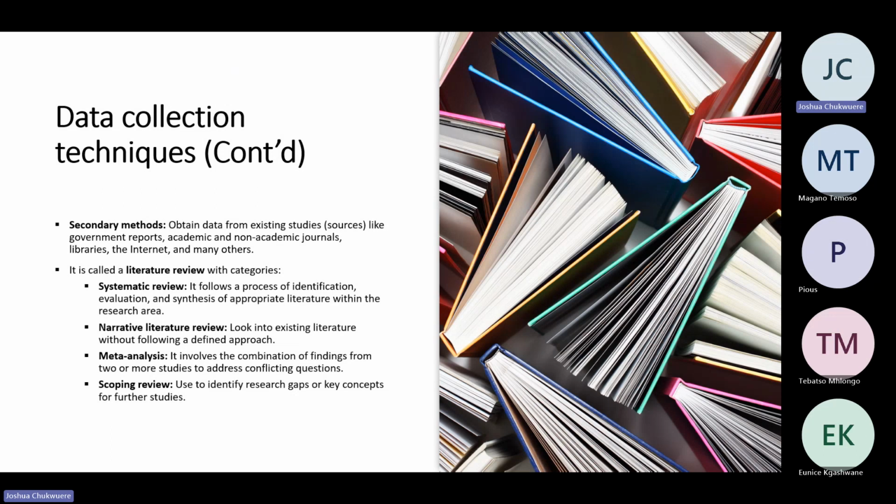So now in the secondary research method, we have what can be called the literature review studies method. When you're able to collect from the Reserve Bank and IMF and so on, that is a secondary method of data collection, which sometimes can also be called a literature review when you take it a little bit further, whereby you're looking at existing studies that have been conducted, of which we have different kinds.